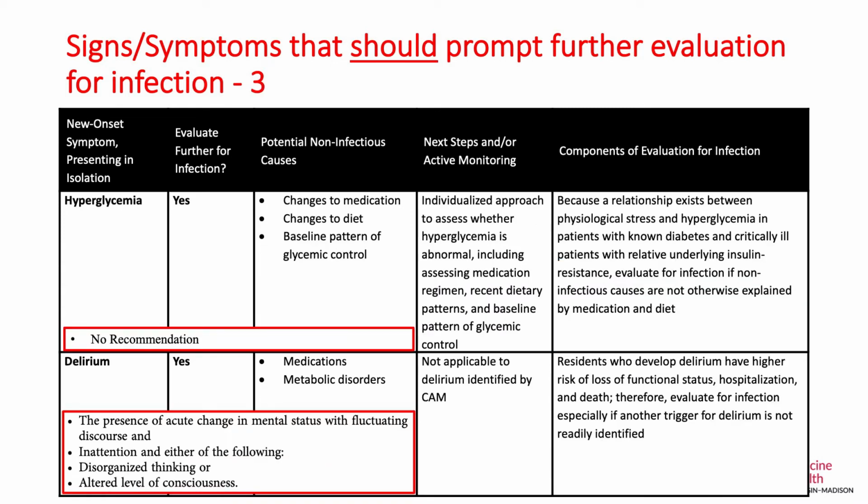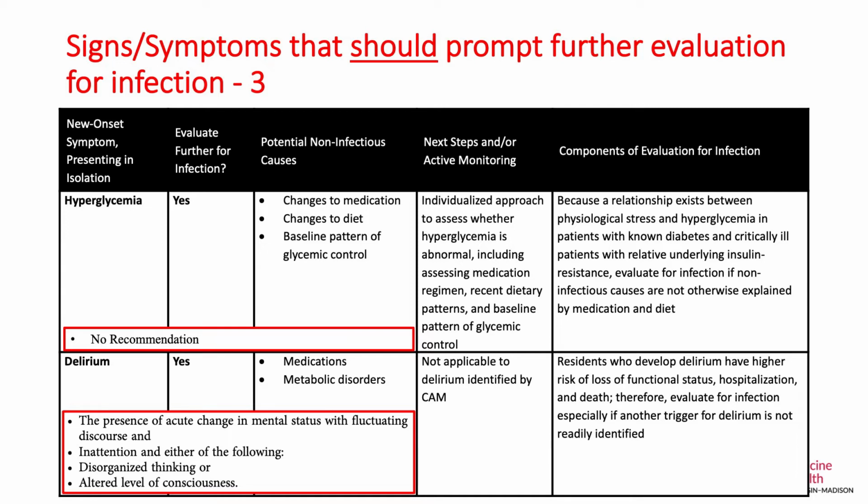Hyperglycemia was another area we had some discussion about. The problem is it was impossible for us to establish a threshold, because everybody's blood sugars are unique to them, and setting absolute thresholds of hyperglycemia was impossible. We couldn't find any literature to support absolute thresholds.